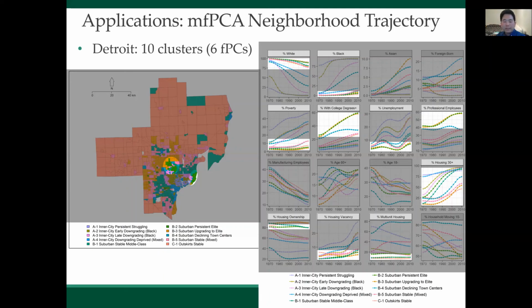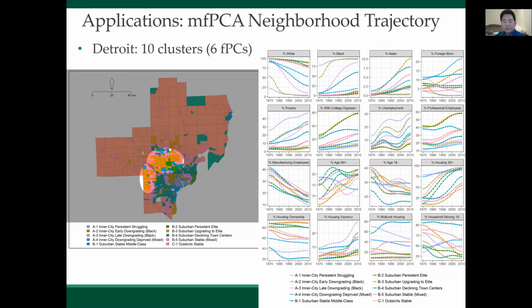This indicates that the residents of these neighborhoods are in the elite group, and these neighborhoods are not much impacted by the fast deindustrialization in Detroit.